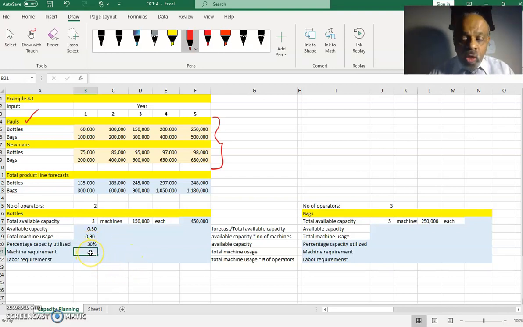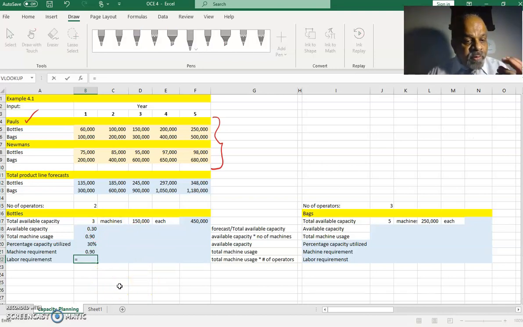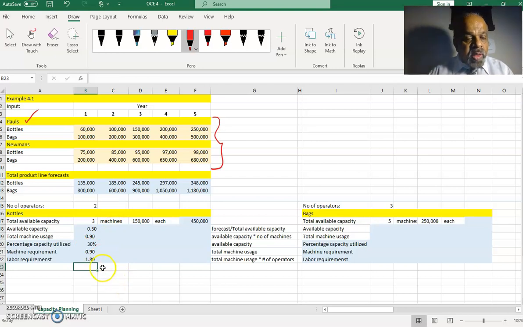The machine requirement is going to be 0.9. The total machine usage is exactly my machine requirement. And my labor requirement, if I have 2 operators per machine, is going to be 2 times the machine requirement, which is 1.8.